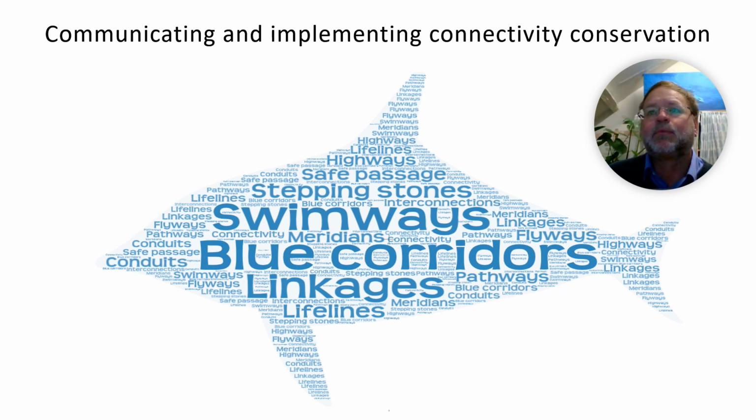Consider, for example, the importance of our own body's circulatory system, or the meridians as energy pathways in the body from Eastern traditional medicine. We can also use words such as linkages, highways, swimways, flyways, networks, conduits, circuitry and corridors, of course. Connectivity is everything, the glue that binds ecosystems, the threads that weave together the living fabric of nature.